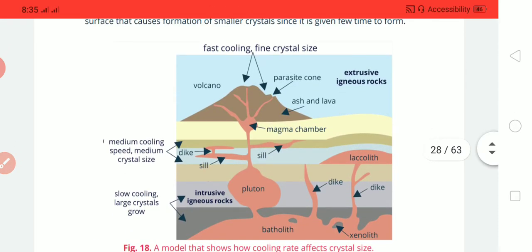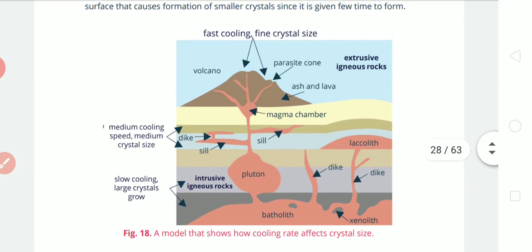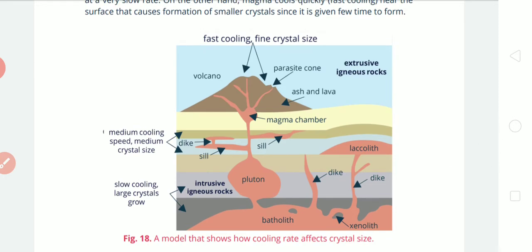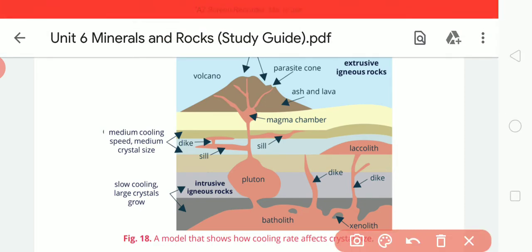Okay, so these are the categories of the different types of igneous rocks. We've already mentioned that igneous rocks can be identified as extrusive or intrusive. When we say extrusive igneous rock, that means the igneous rock actually solidifies on the surface.